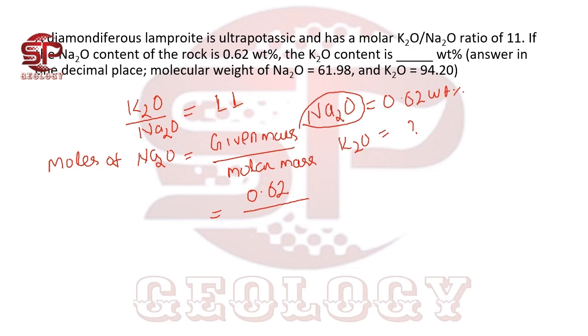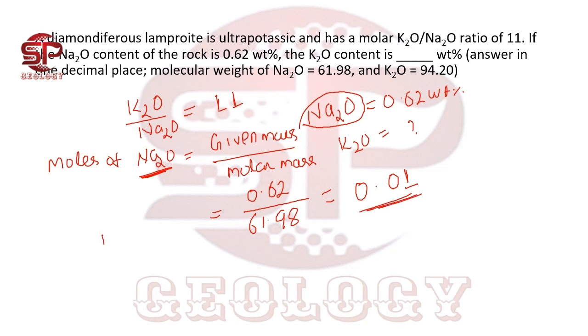Na2O has 61.98. From that we can calculate the moles. So 0.62 divided by 61.98 will be 0.01. So Na2O is present as 0.01 mole.